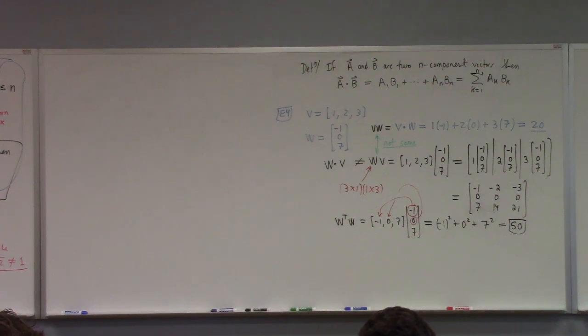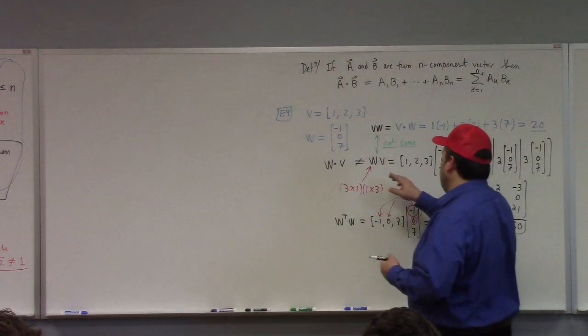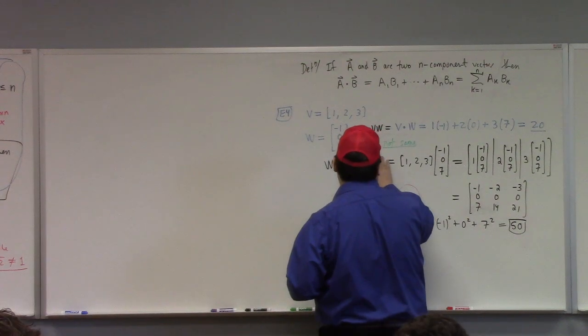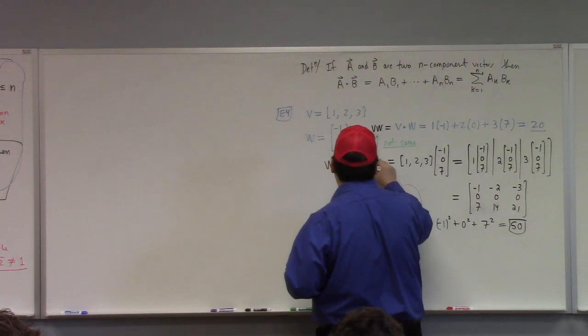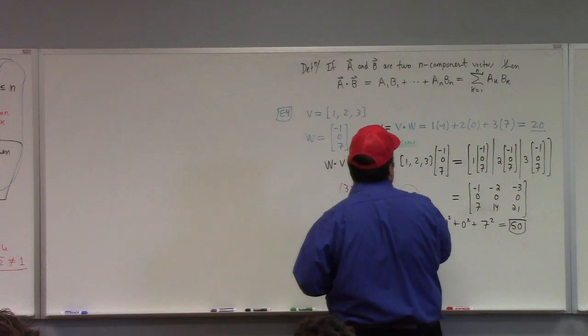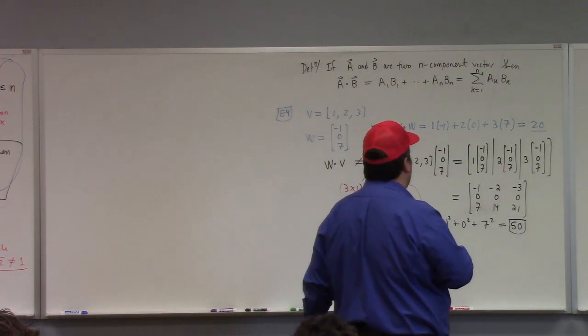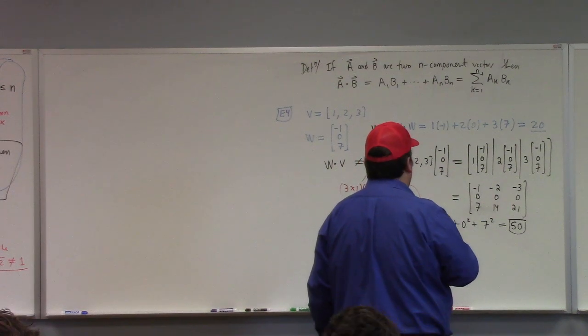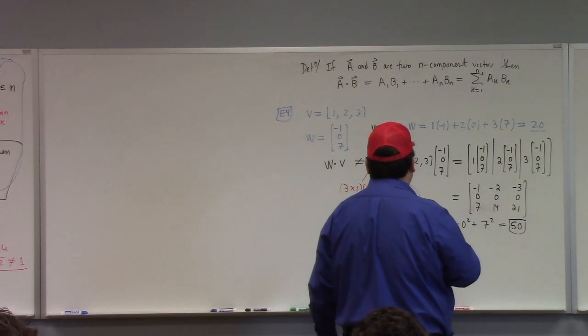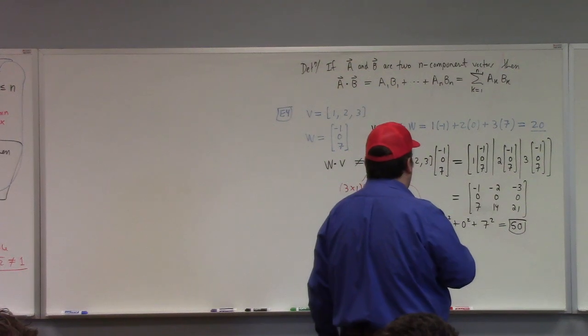If V is 1, 2, 3, so what I should say is that this is VW right here, right? This is VW. When you did the multiplication, that was WV, it's just the first step.